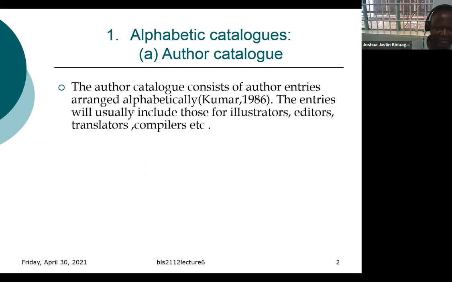The author catalog consists of author entries arranged alphabetically, according to Krishan Kumar. The entries will usually include those for illustrators, editors, translators. So when we talk about an author catalog, we are including those who just draw the images, illustrators, the editors, the translators, compilers, artists, music writers, whatever name you can think of.